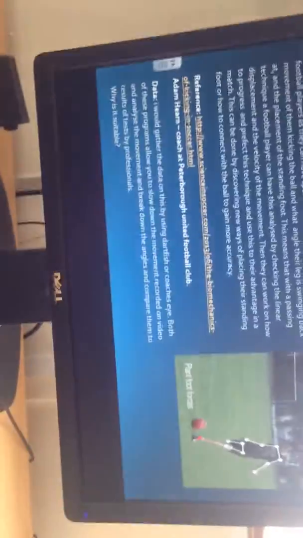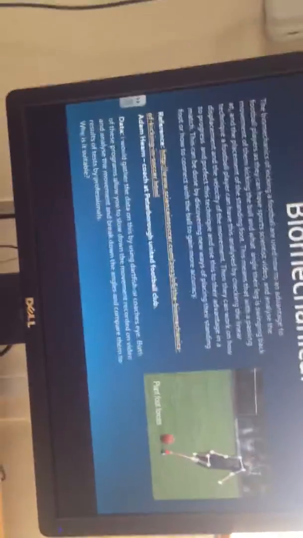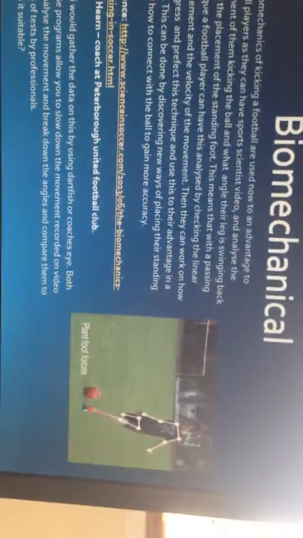So this means passing techniques such as the drive pass, by checking the displacement within the movement of their body, and also checking the velocity at which their leg is released when kicking the ball. This is by Adam Hearn, a professional coach again, at Peterborough United Football Club, at a professional level.